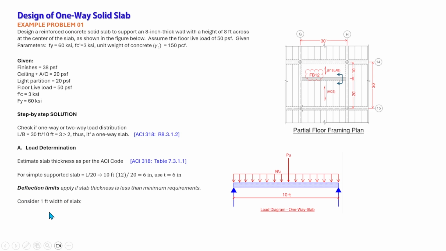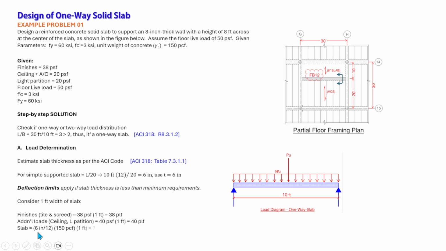So let's say we will consider the 1 foot width of slab. The finishes, which consist of tiles and screed, is equal to 38 psf times 1 foot width of the slab, that is equal to 38 plf, pounds per linear foot. Then the additional load, that is the ceiling plus the light partitions, which is 20 plus 20, is equal to 40 psf.